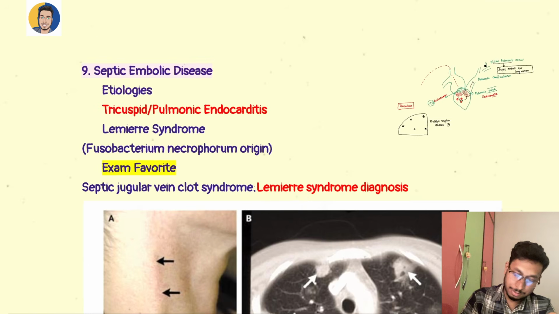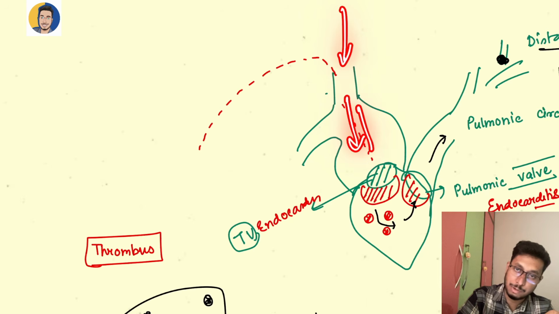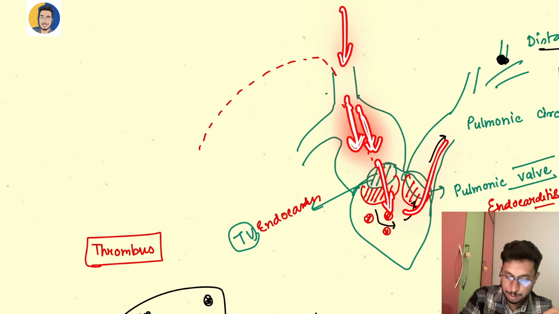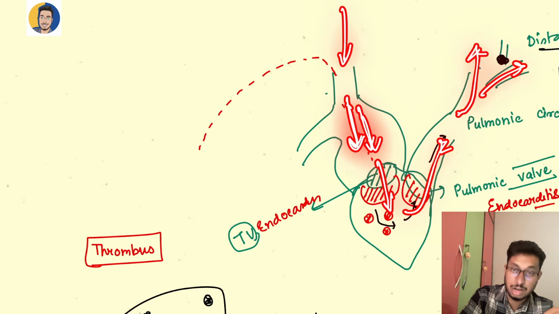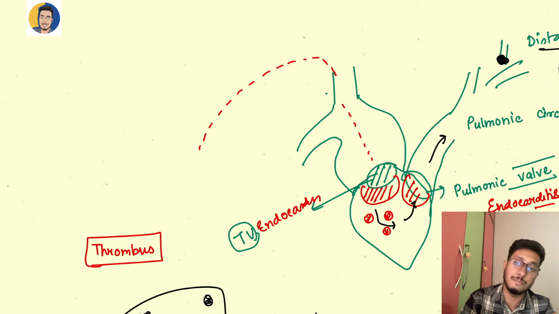These thrombi will also follow a similar route. It will follow the superior vena cava when it gets embolized. So superior vena cava, it goes into the right atrium, right ventricle, pulmonic circulation, and ultimately obstructs the distal pulmonary vessel, resulting in septic pulmonary emboli.